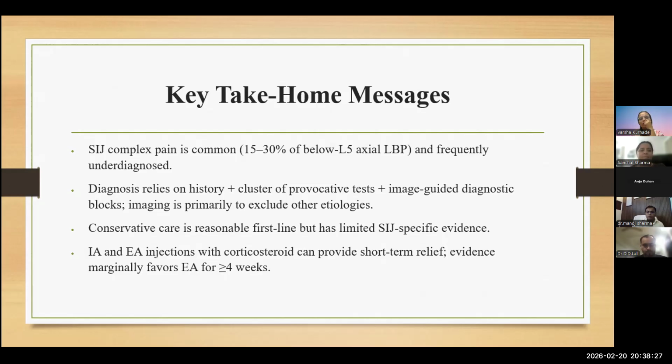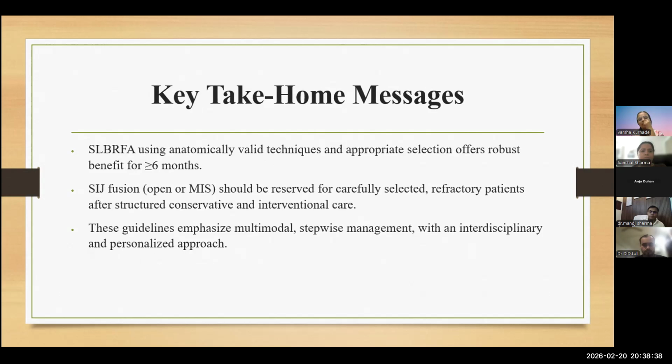Intra-articular and extra-articular injections with corticosteroid can provide short-term relief, and evidence marginally favors extra-articular injection for more than or equal to 4 weeks. Sacral lateral branch radiofrequency ablation using anatomically valid techniques and appropriate selection offers good benefit for more than or equal to 6 months. And SIJ fusion surgery should be reserved for carefully selected and refractory patients.